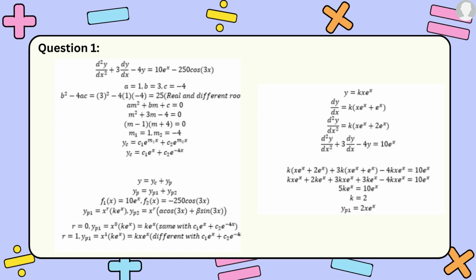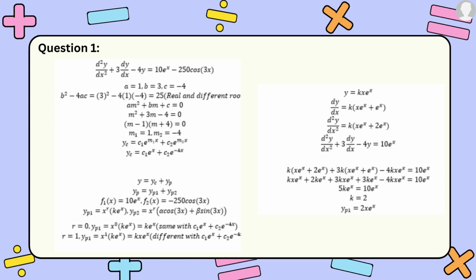Then we substitute r equals 0 into the chosen yp and check whether any term in yp corresponds to any term in yc. So for yp1, we substitute r with 0, so x^0 (k e^x), we will get k e^x. So it shows it is the same as c1 e^x + c2 e^(-4x).